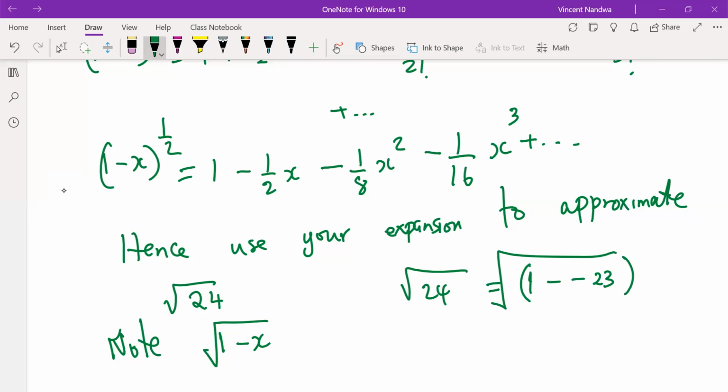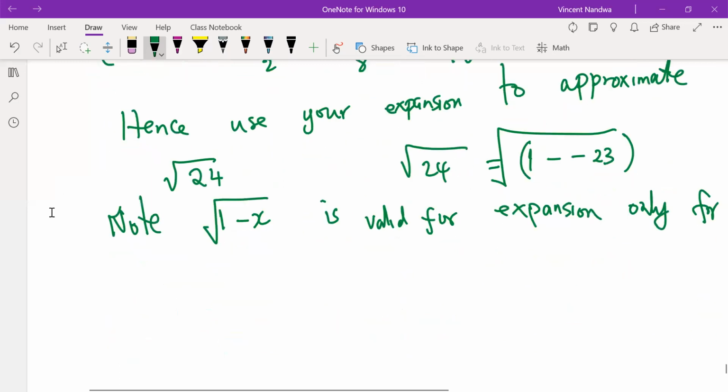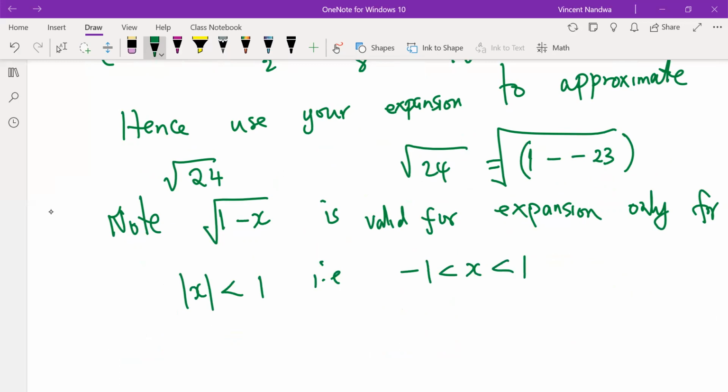But then this one is valid for expansion only for absolute value of x being less than 1, i.e., x will be lying between negative 1 and 1.